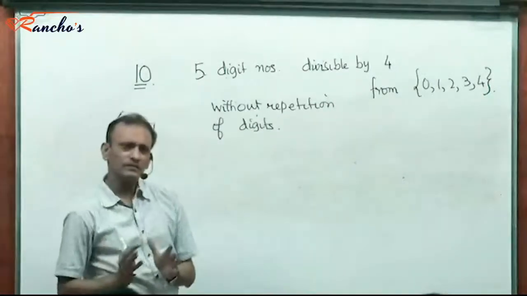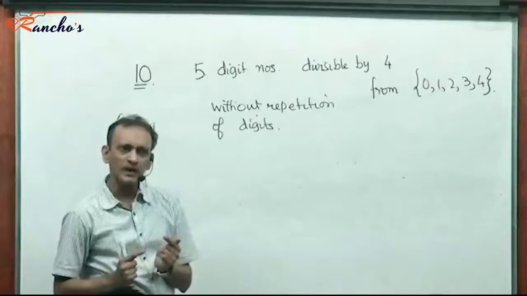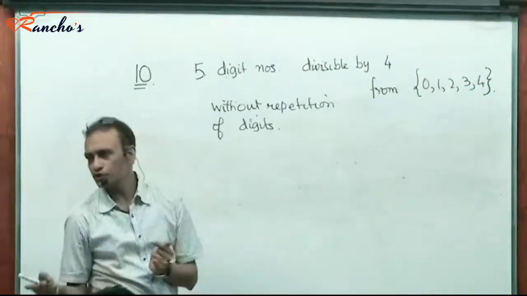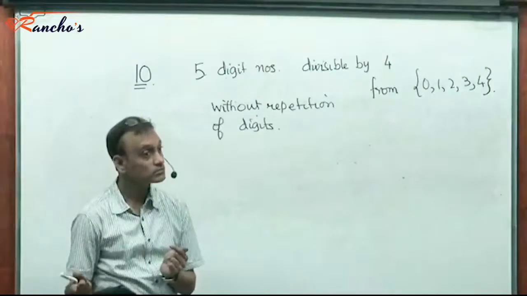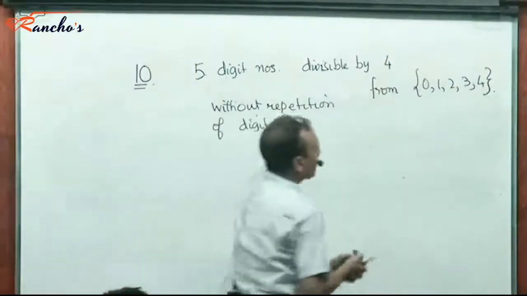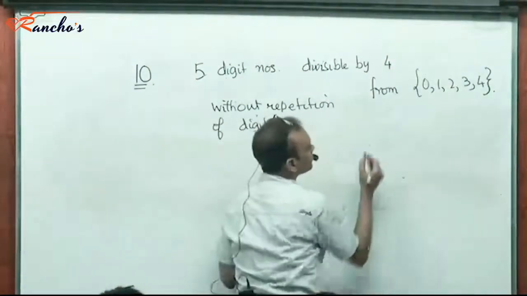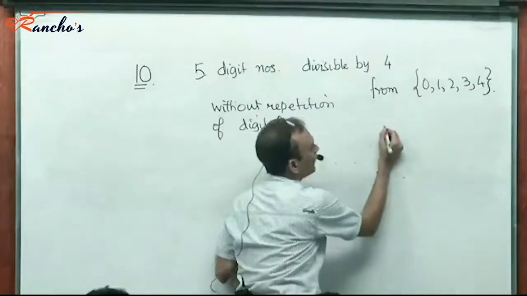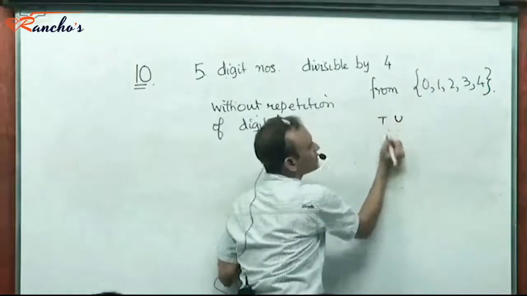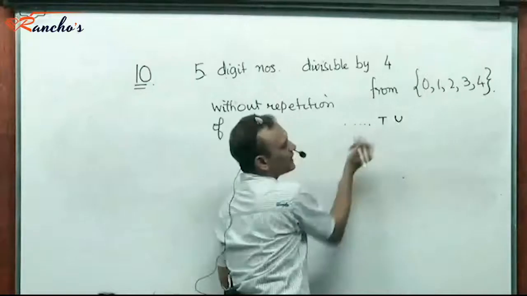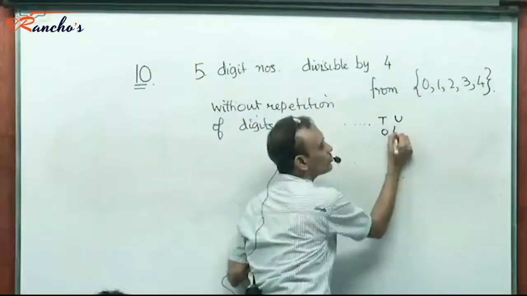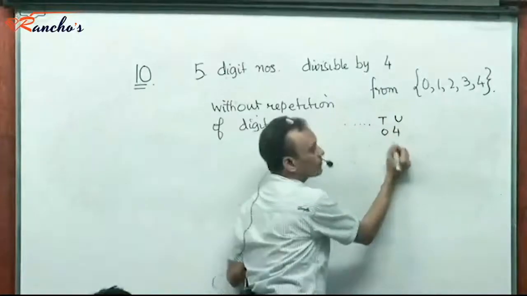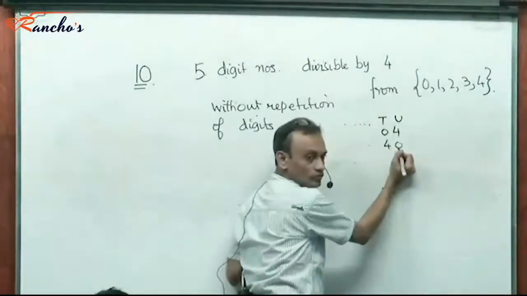So one thing, for a number to be divisible by 4, the last 2 digits of the number must be divisible by 4, isn't it? Right? That means, say, in the units and the tens place, we could have, let's say, 04. We could have had 40.